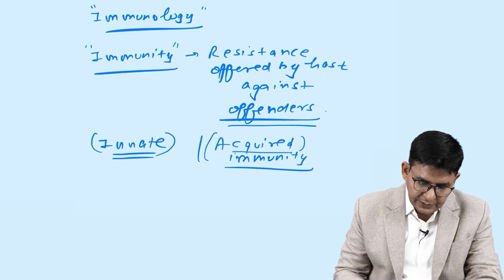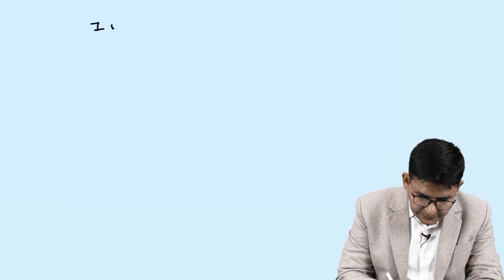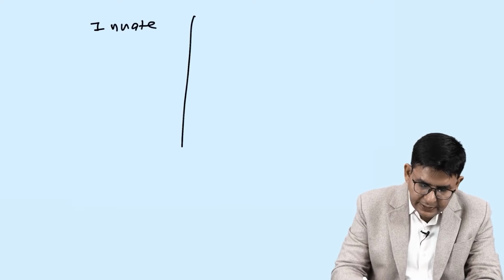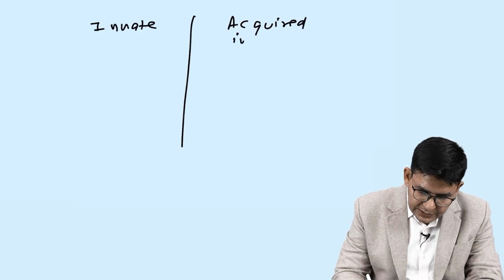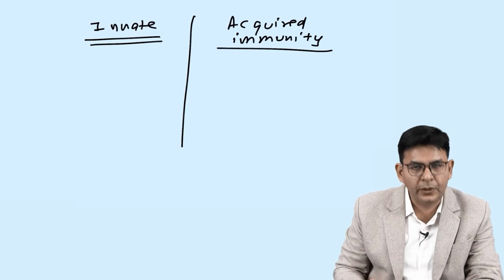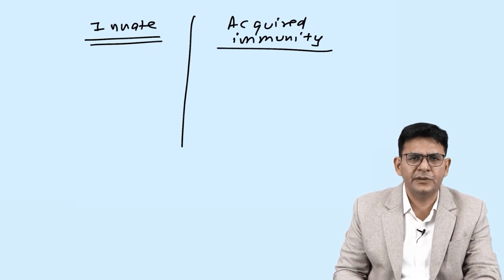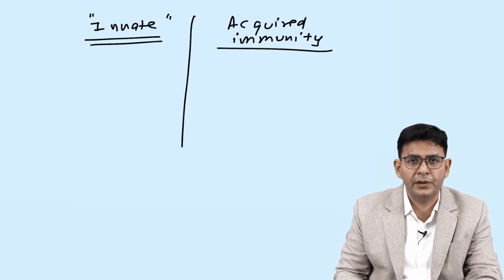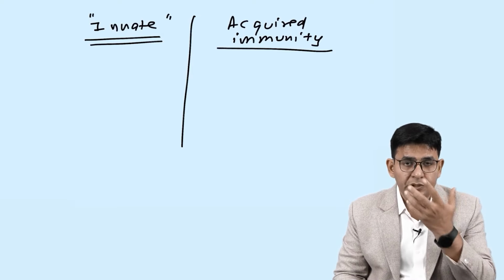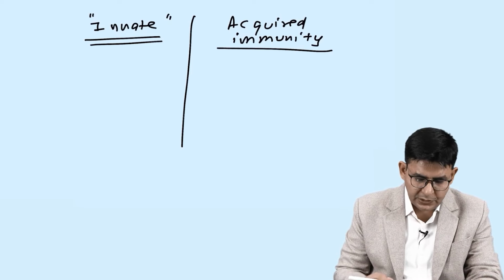Now, what is the basic difference between innate and acquired immunity? It is very true that innate is from your birth and it is due to your constitutional makeup. Yes or no?